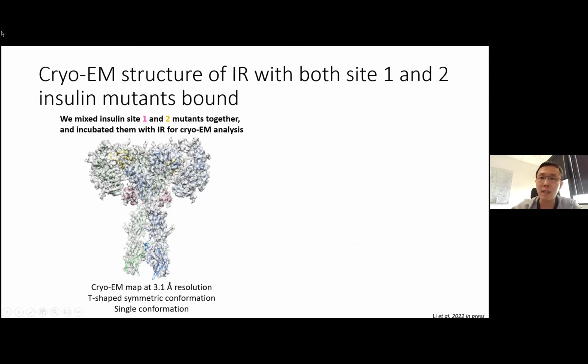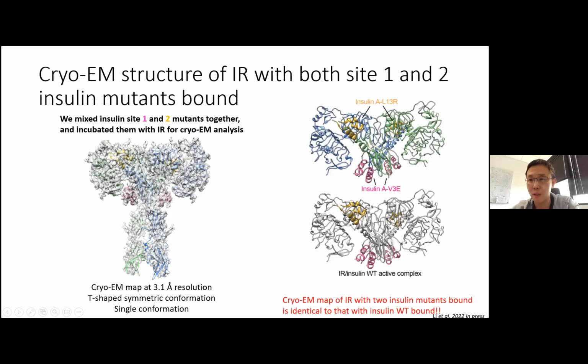So now, after we determined the structure, there is only one conformation. We only see a single conformation, which is a T-shaped symmetric conformation with four insulin bound on both Sat1 and Sat2, right? And we compared this structure with the insulin receptor with wild type insulin bound, and they are almost identical.